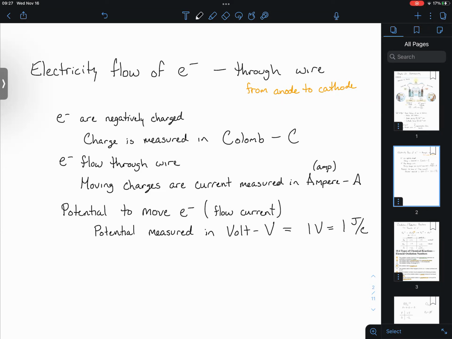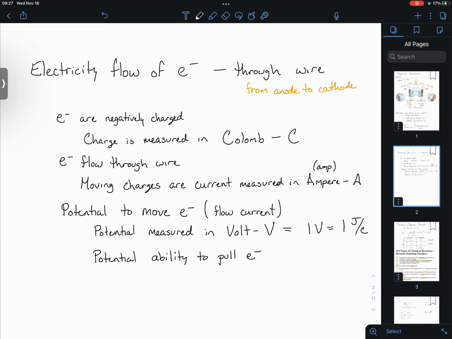Okay, so a potential is the ability to pull electrons, right? In the most simplistic sense, potential is the ability to pull electrons.